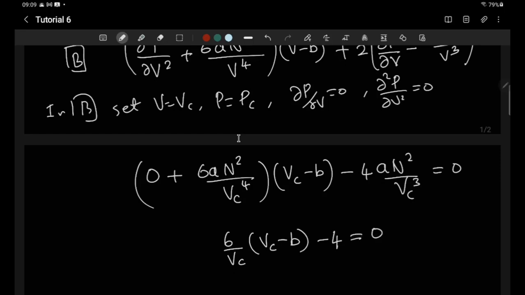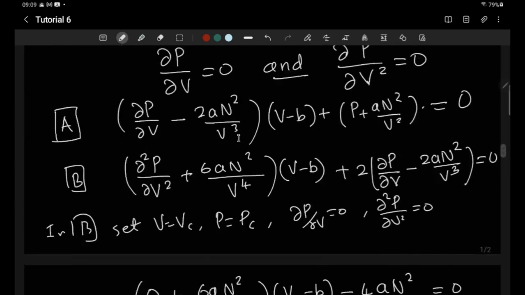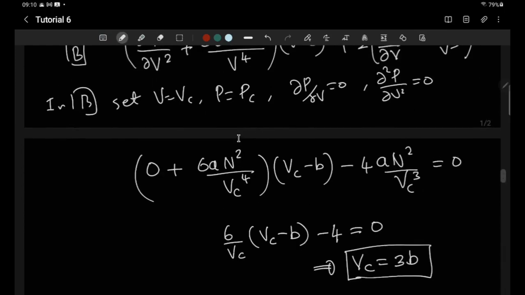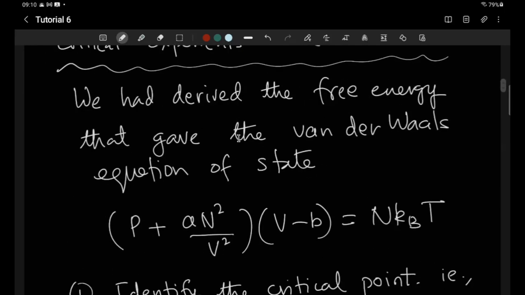You can simplify this, and this implies Vc is 3nb. Sir, it's supposed to be 3nb? 3nb, correct. That's because I consistently forgot to put N's here and nobody objected. I think even here.